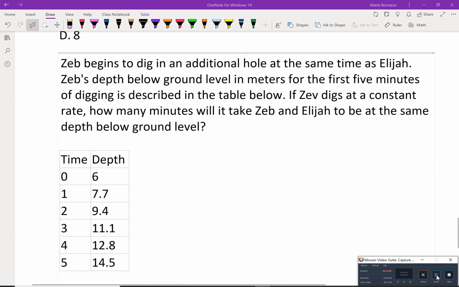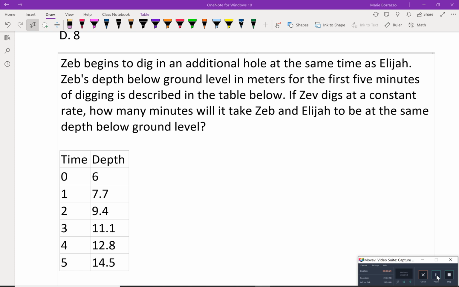In this question, they begin with another person who is digging into the same ground level. It says Zeb begins to dig in an additional hole at the same time as Elijah. Zeb's depth below ground level in meters for the first 5 minutes of digging is described in the table below.